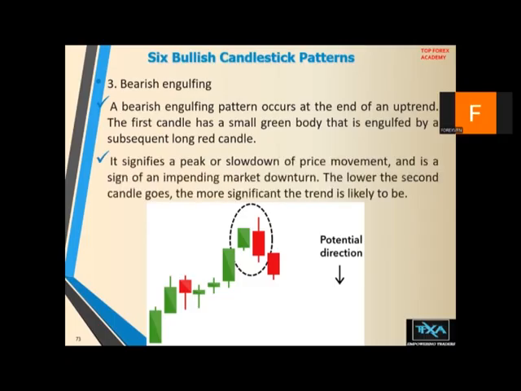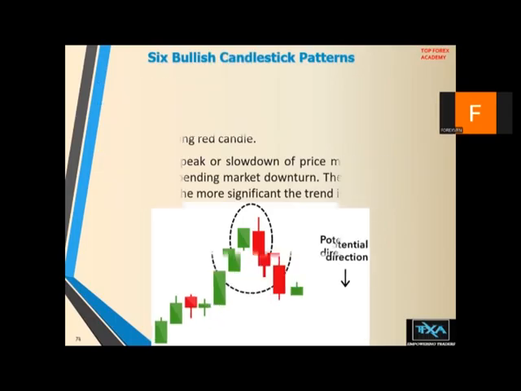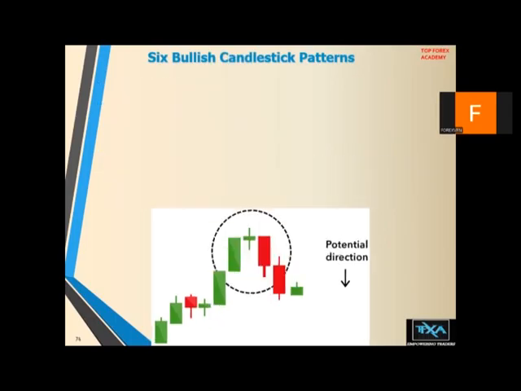This signals a peak or slowdown of price movements and is a sign of an impending market downturn. The lower the second candle goes, the more significant the trend is likely to be. The next is the evening star. We have looked at the morning star.